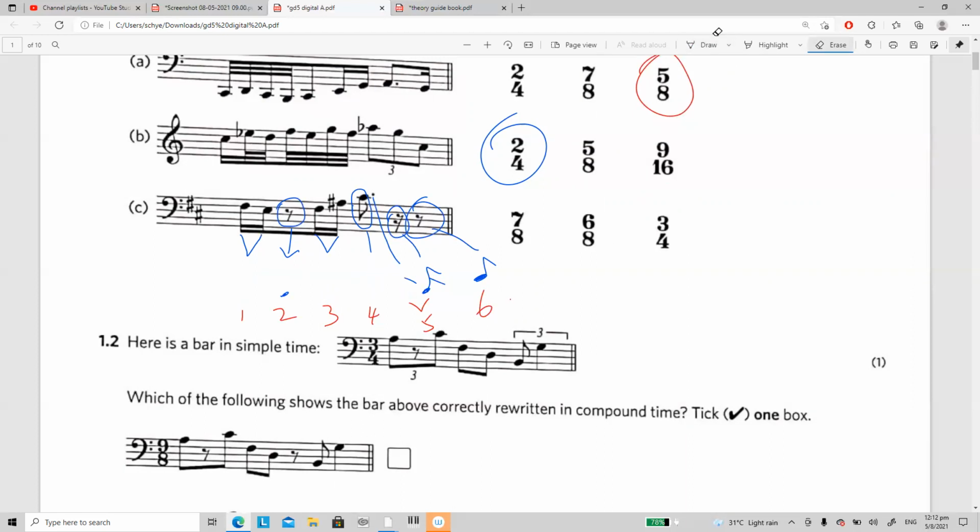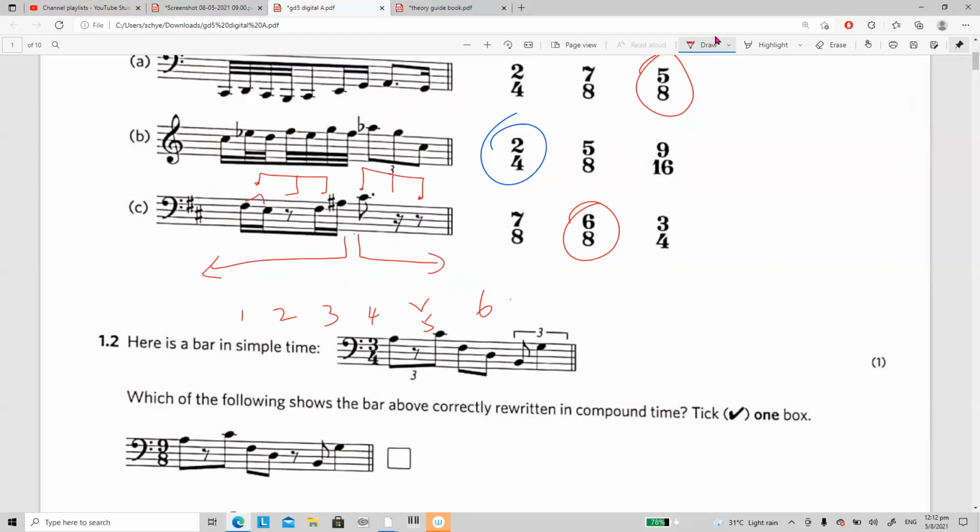Also, if you look at the grouping of the notes, six quavers, it could be 6/8. Also, you can see that 6/8 is actually a duple time. First half must have 3 quavers. 1, 2, 3, 3 quavers for the first half. Second half also 3 quavers. 1, 2, 3.